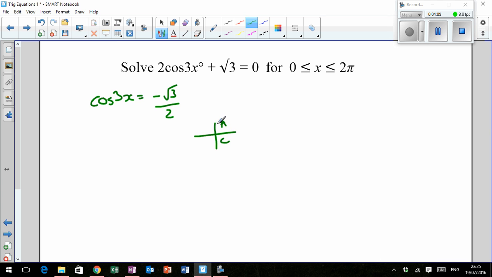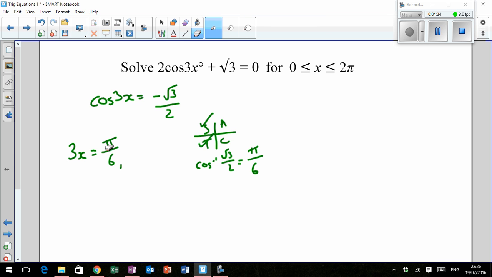Look at our cast diagram, we're dealing with cos, we're dealing with a negative, so we're going to be in the second and the third quadrant. Inverse cos of a positive root 3 over 2 is 30 degrees, but I don't want 30 degrees here, I want it in radians. So it's pi over 6. Okay, so 3x here is going to be pi over 6. Oh, rubbish, it absolutely is not. We're not in the first quadrant. Apologies. It's going to be in the second quadrant.